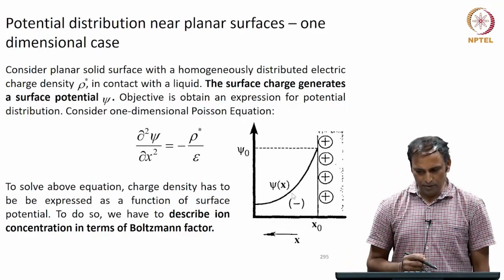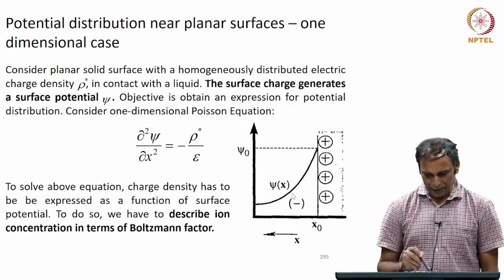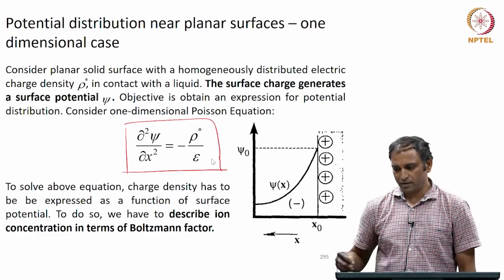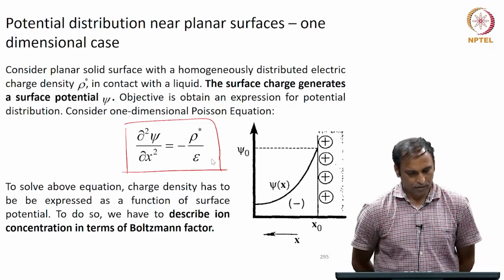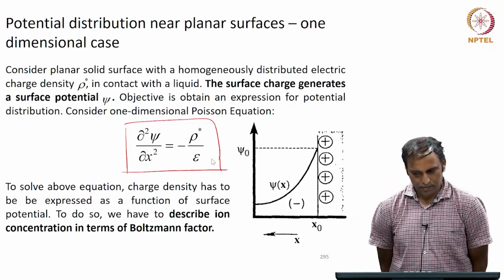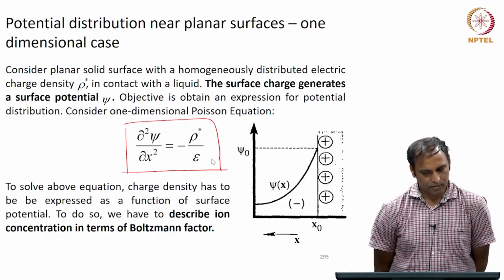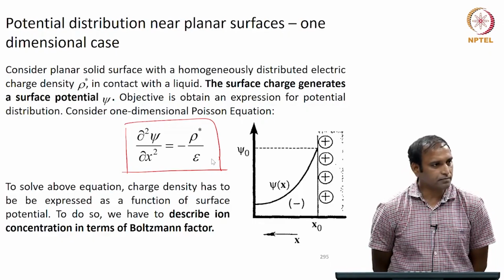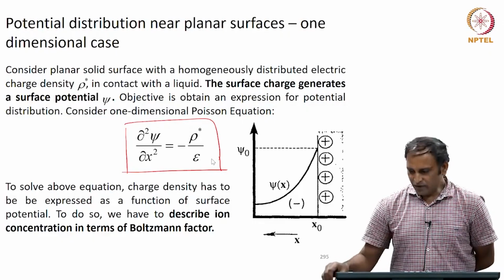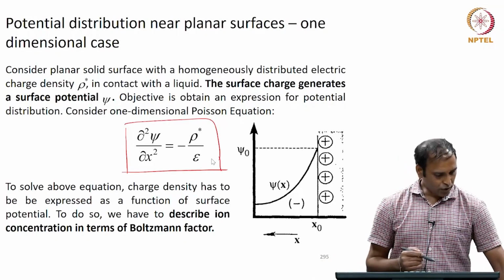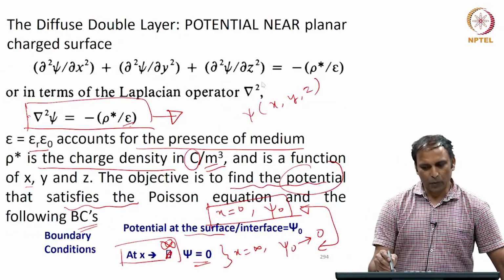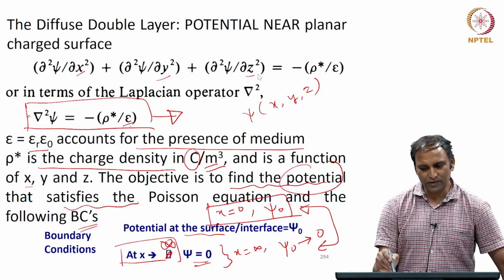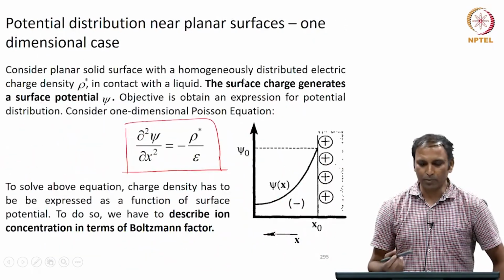So how do we do that? I want to solve this. What you looked at here is an expression where the potential varies with x as well as y as well as z. We are going to take an even simpler case.